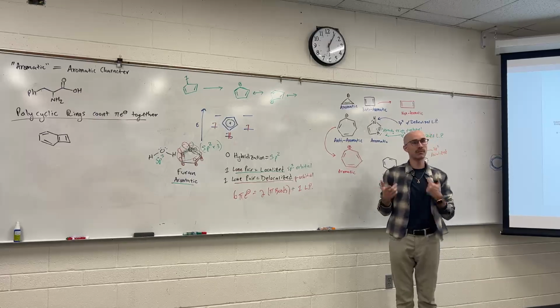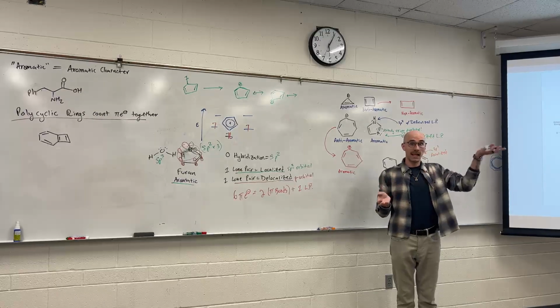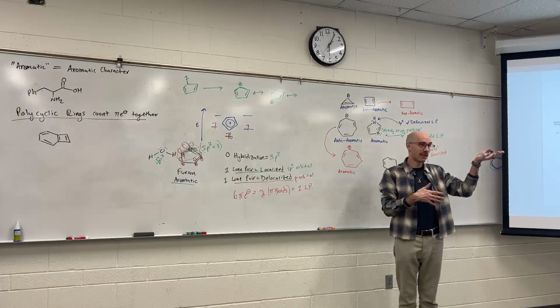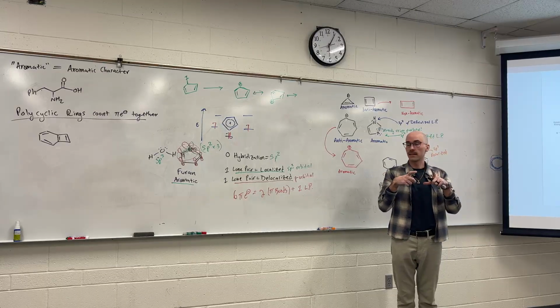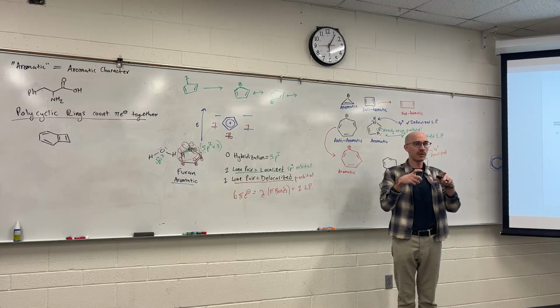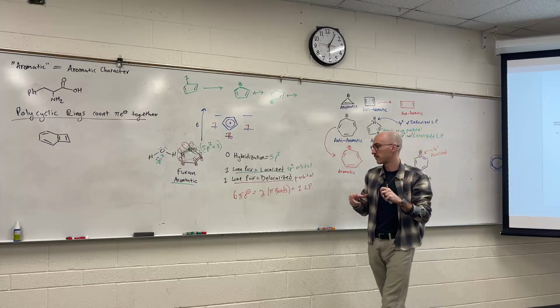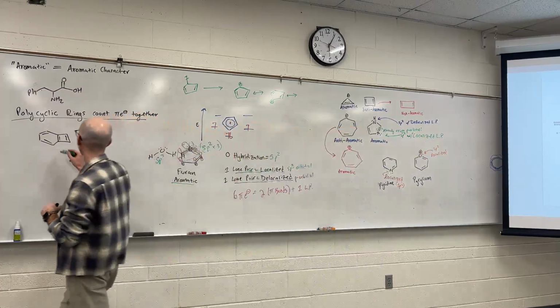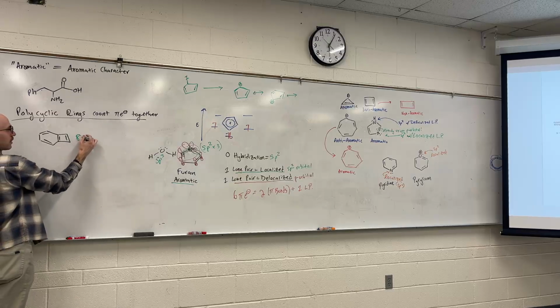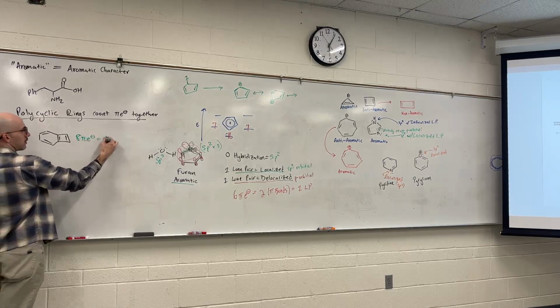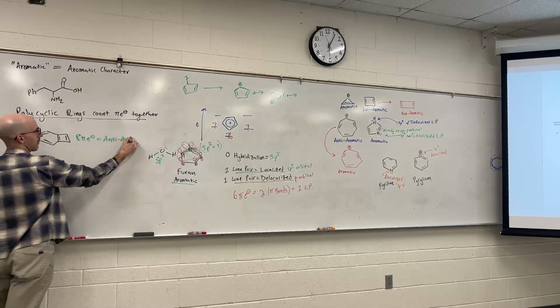So this structure may strike some of you as being aromatic on one side, anti-aromatic on the other. But because this is bicyclic, we count all of those pi electrons together. So I count 2, 4, 6, 8 pi electrons. Anti-aromatic system.